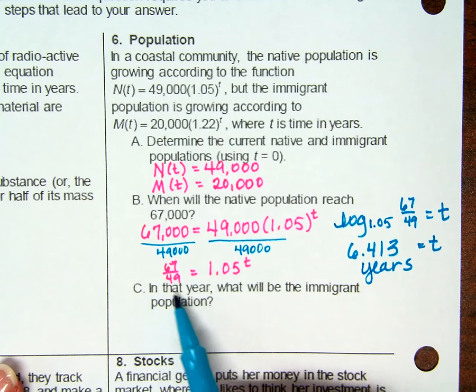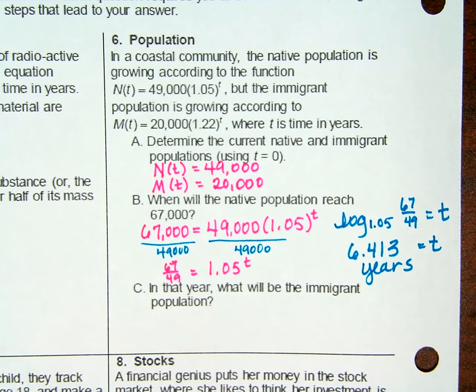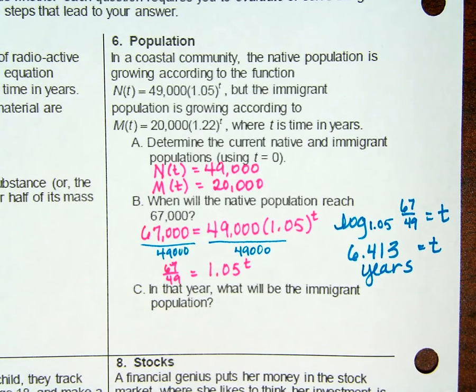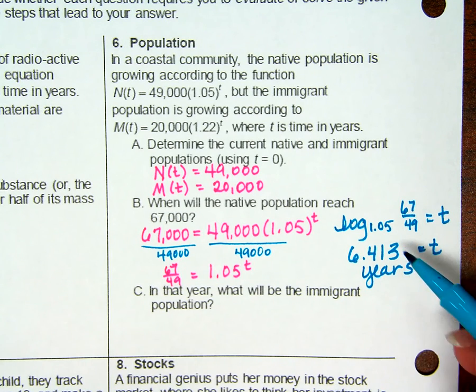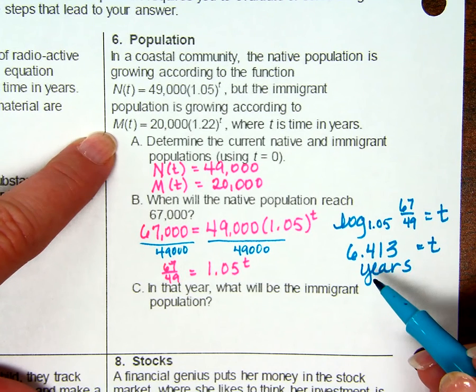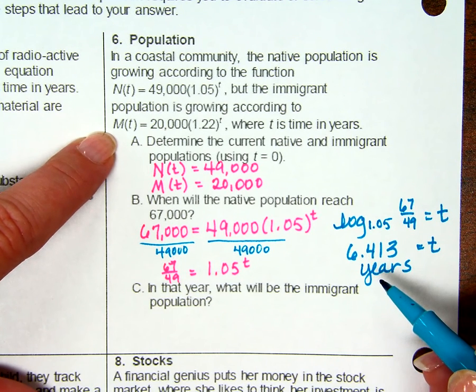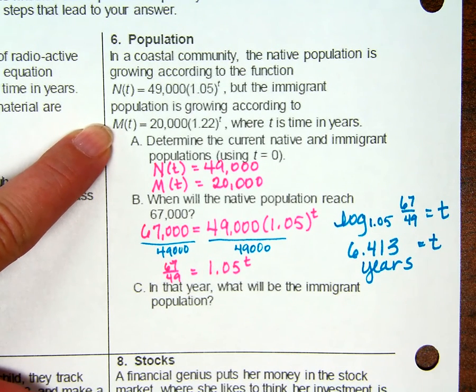Now, in that year, what will be the immigrant population? So I just substitute this into the immigrant population equation? I know, I'm just trying to fix your vocabulary. You just keep saying plug it in. It's not a chord, right? Okay, so we're going to substitute it into the equation, right?